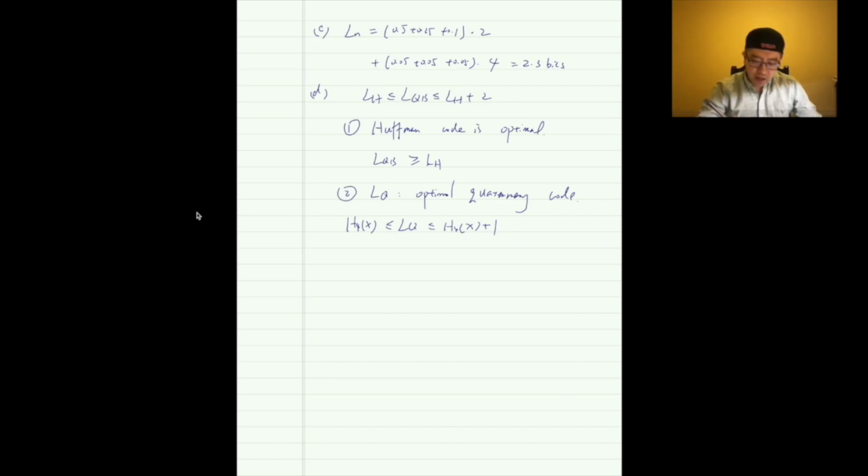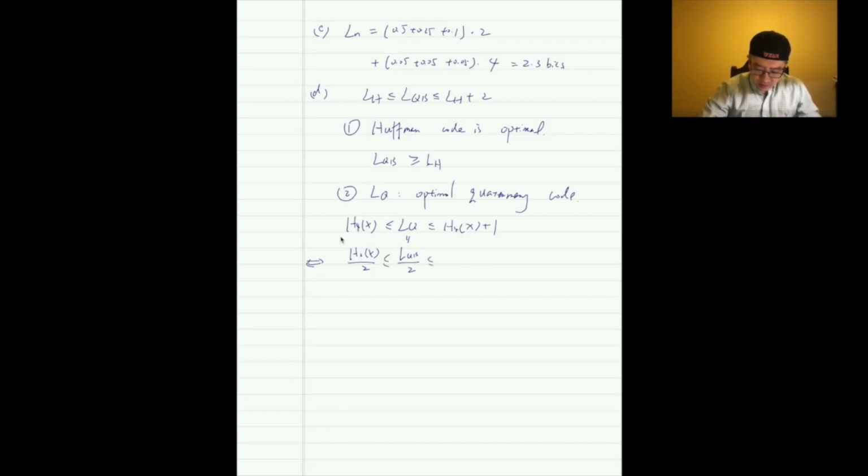Here we can observe that the relation between LQ and LQB is LQ equals LQB over 2, because every quaternary symbol will be translated into 2 binary symbols, right? And similarly, we can also get that the relation between this guy and the binary case is that this equals the binary entropy over 2, because the base is 4 and 2. So that is straightforward to see.